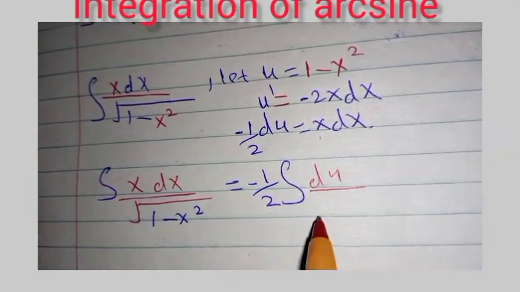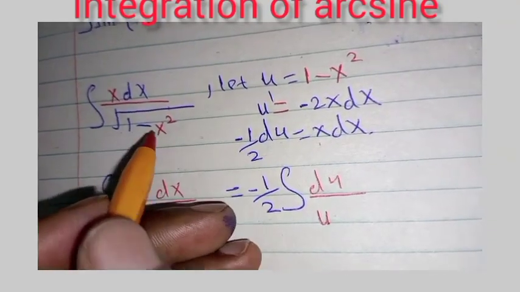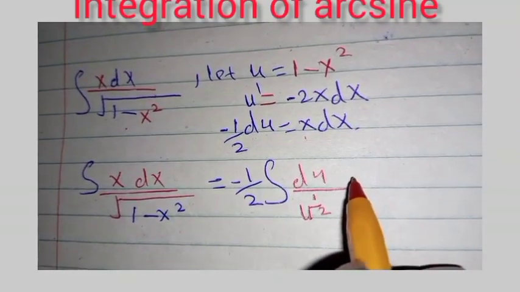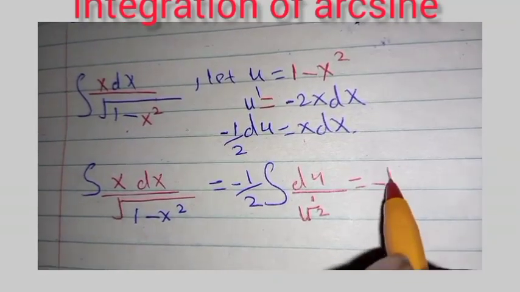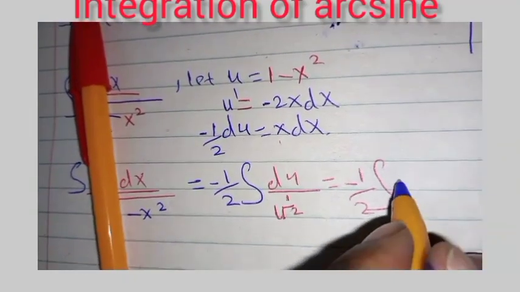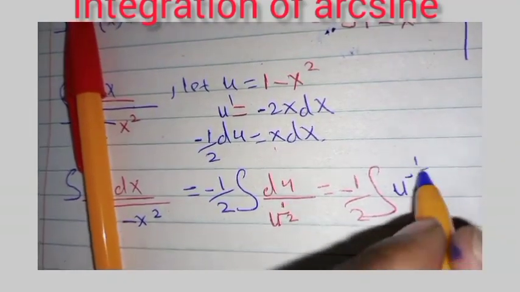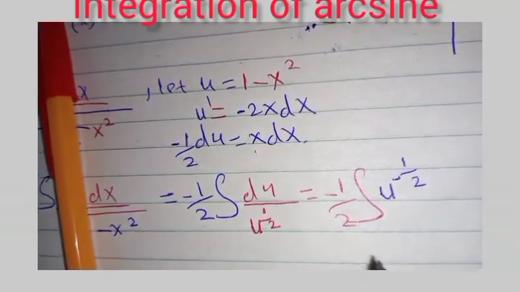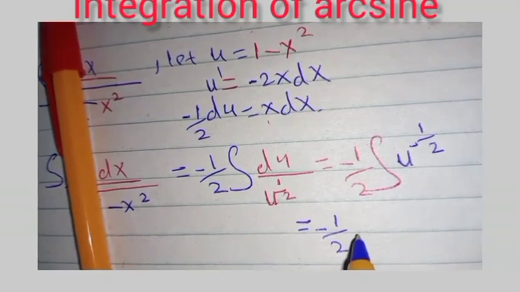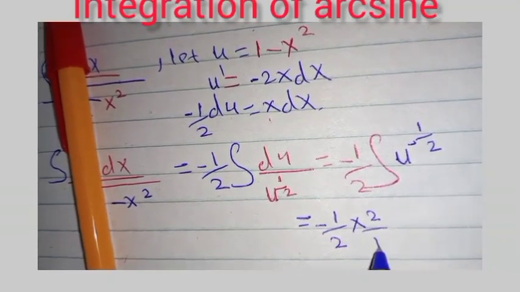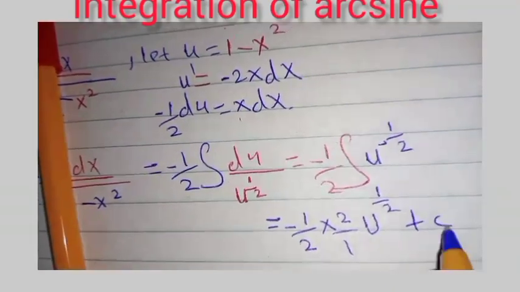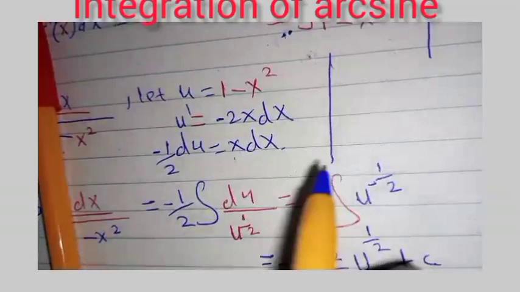The square root is the same as power half. Using the laws of indices, we have negative half integral of u power negative half du. Then we integrate this, so the result will be negative 1 over 2 multiplied by 2 over 1, u power half, plus constant c.